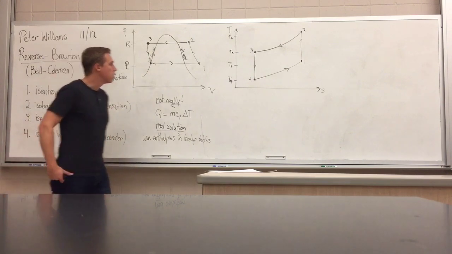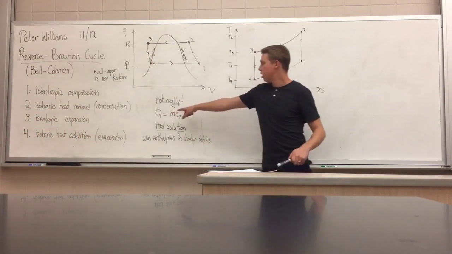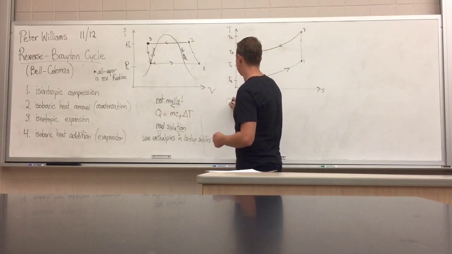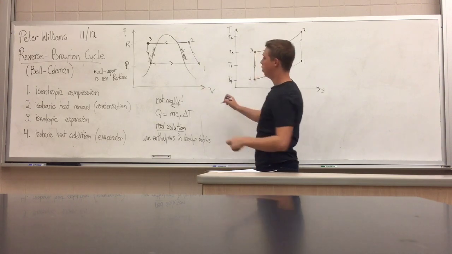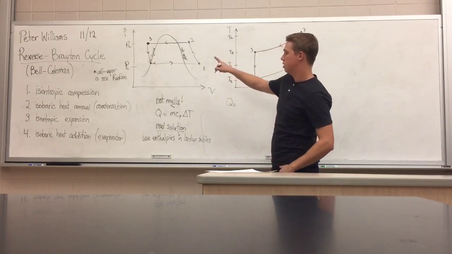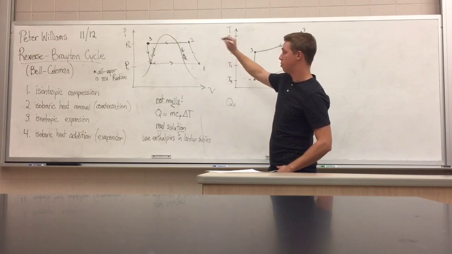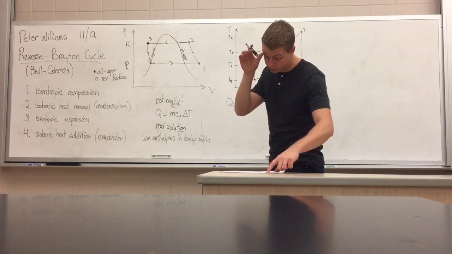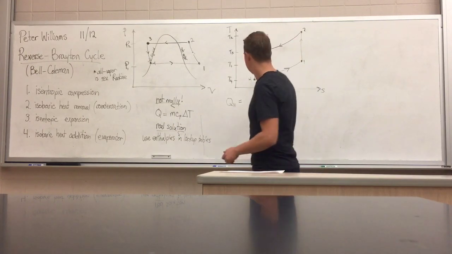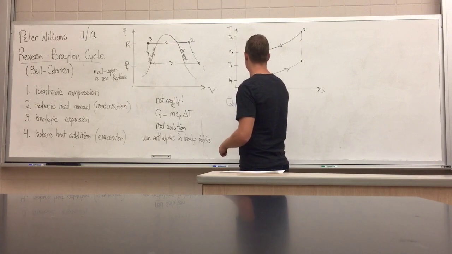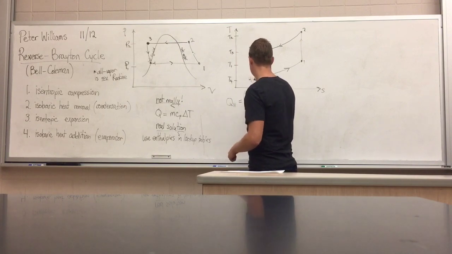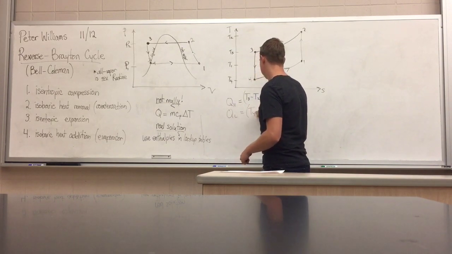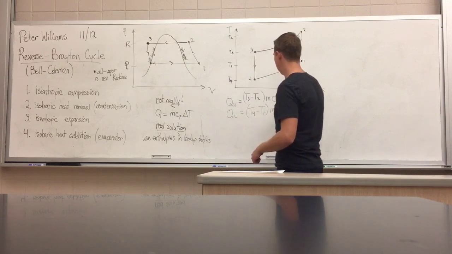So if I change out each Q for a delta T, so my Q high, or my heat that is removed from the system in the high one, comes out to be the difference between T3 and T2 times MC, and my Q low is the difference between T4 and T1 times MC.